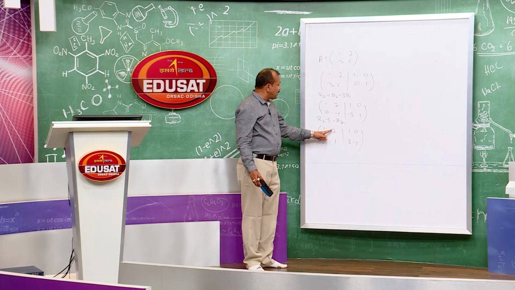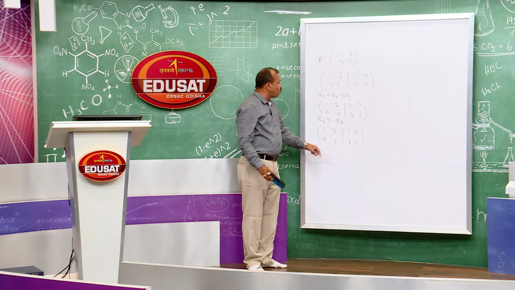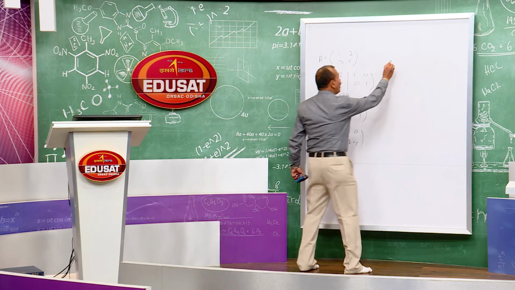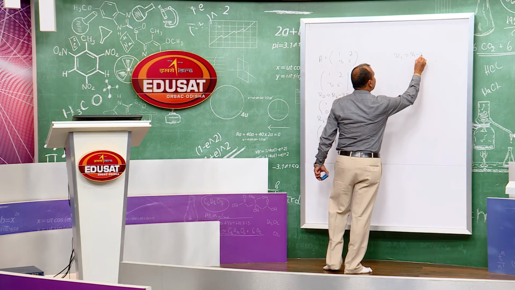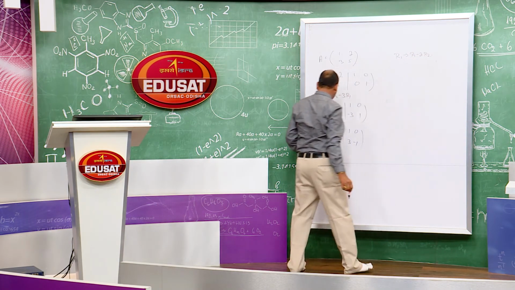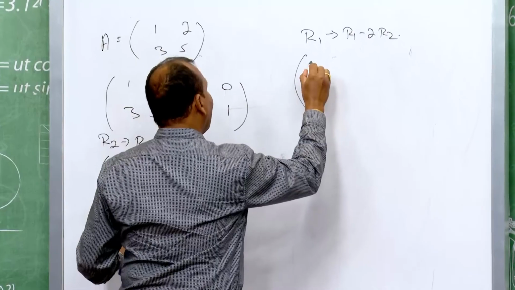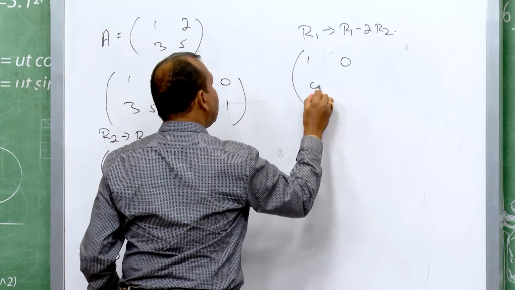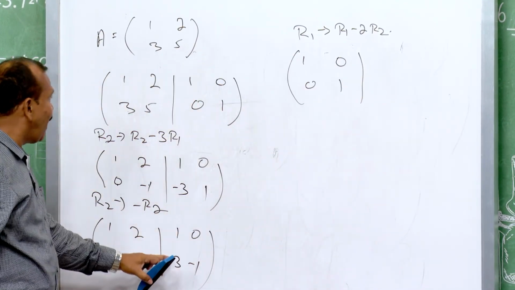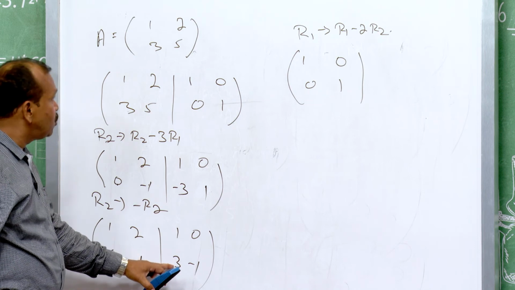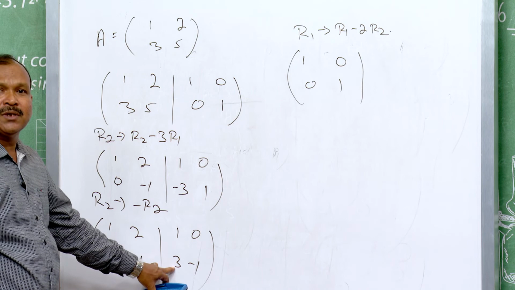Then we operate R1 tends to R1 minus 2 R2. Then the left hand side becomes 1 0 0 1, and on the right hand side, 1 minus 2 into 3, 1 minus 6, becomes minus 5.